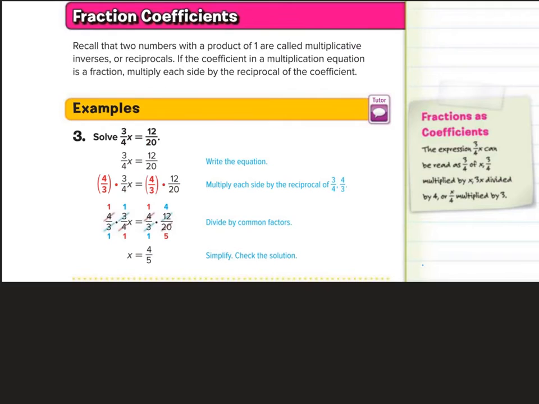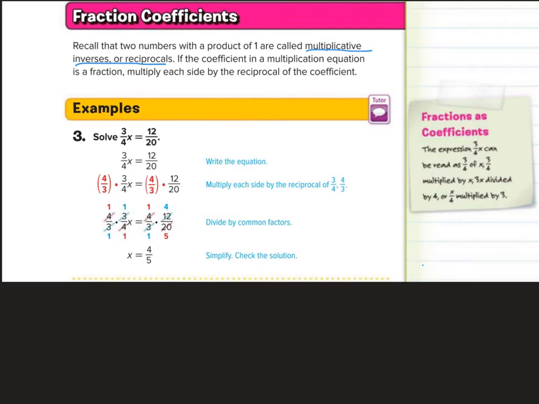Now we're going to be looking at what we do when we have a coefficient that's a fraction. So recall that two numbers with a product of 1 are called multiplicative inverses, or reciprocals. If the coefficient in a multiplication equation is a fraction, multiply each side by the reciprocal of the coefficient. As you can see in example 3, the coefficient is 3/4.